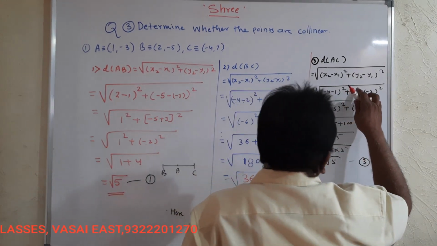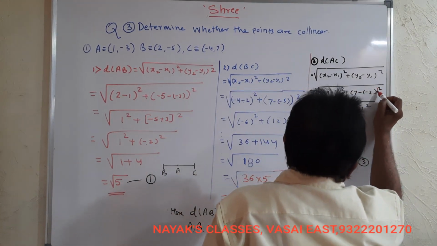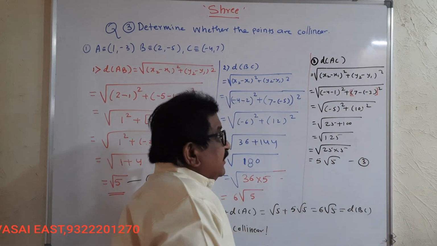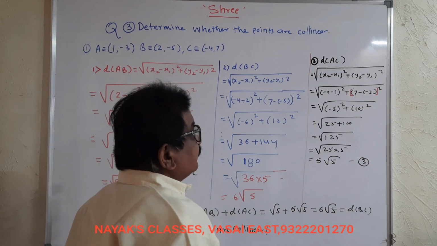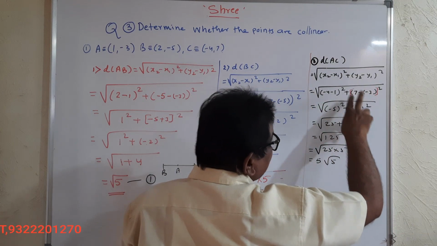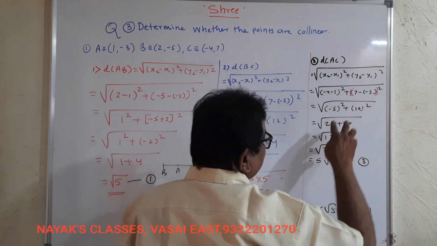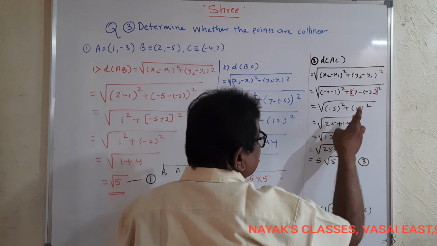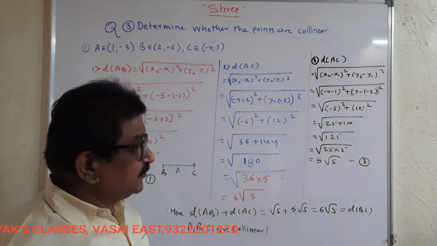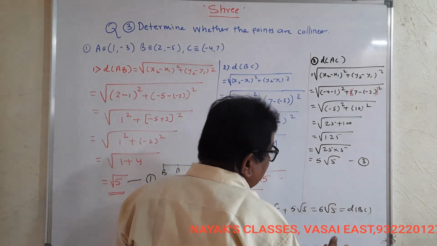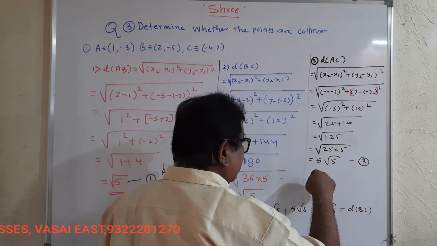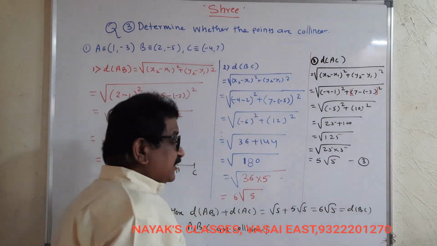Correct? This becomes (minus 5) the whole square and 10 square. So 25 plus 100 is 125. 125 is again not simplified, so we have to split it. The perfect square is 25 into 5. So 5 came out and this is the answer.